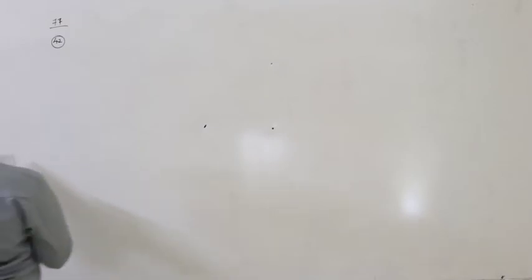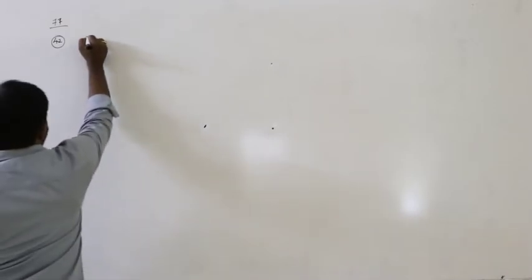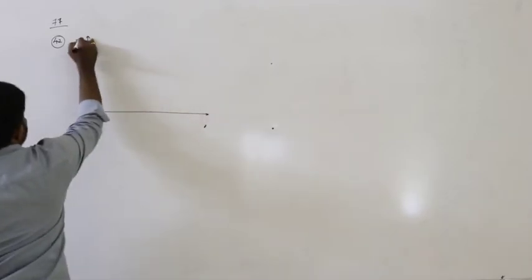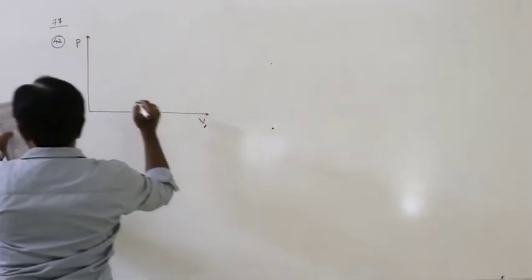So see here, the graph is given as, this is pressure and it is volume.